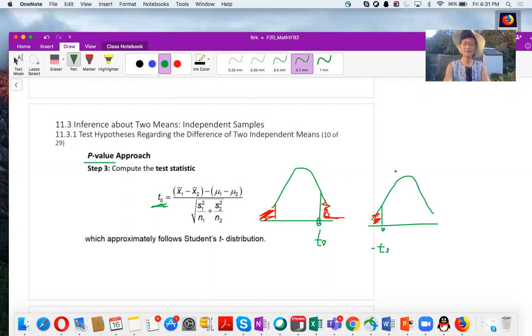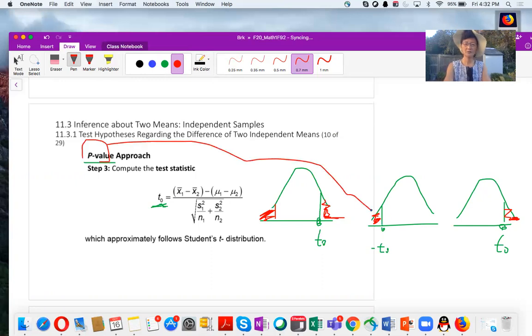If you have a right tail test, and this is the test statistic t0, the p-value is just the right tail area. So for the left tail, the p-value is equal to this area, and for the two-tailed test, you add those 2 tails, and that is the p-value.